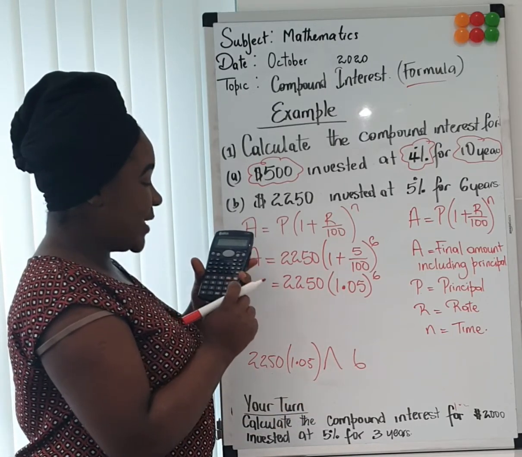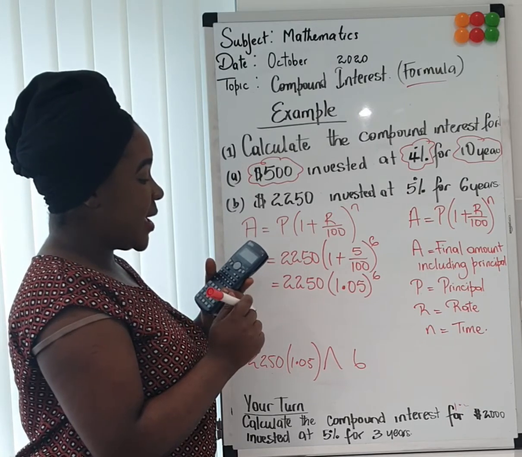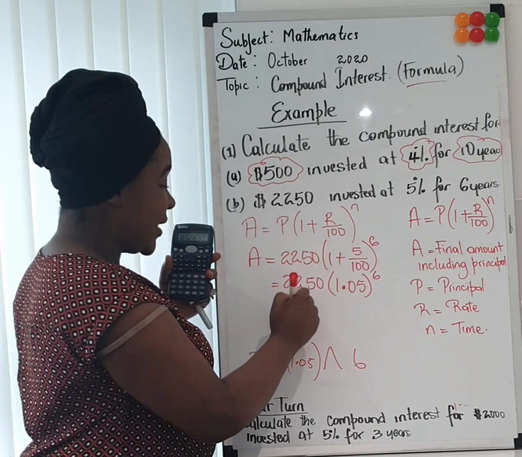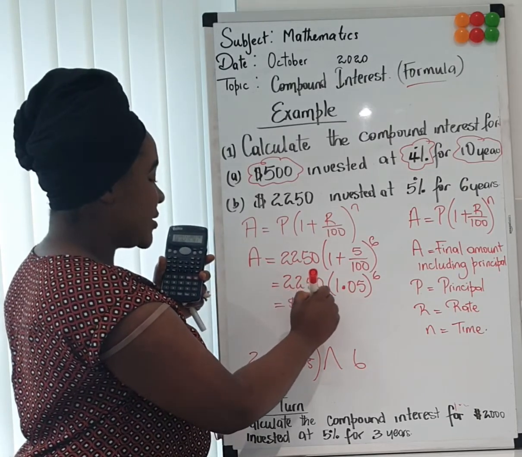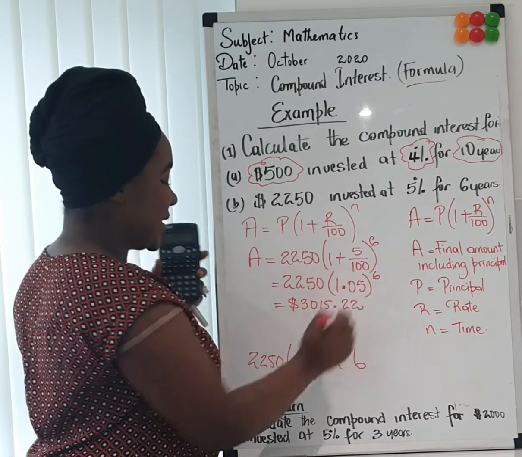When I do that, I get 3,015 and 22 cents. So I wrote that off. It's 3,015 and 22 cents.